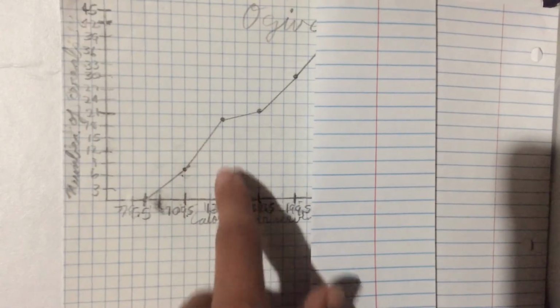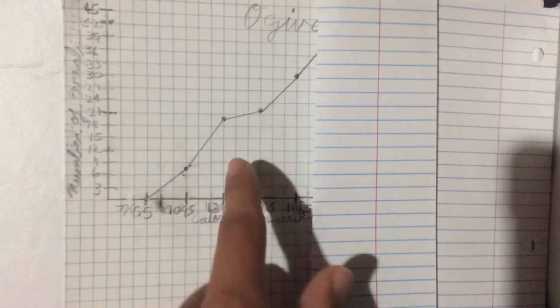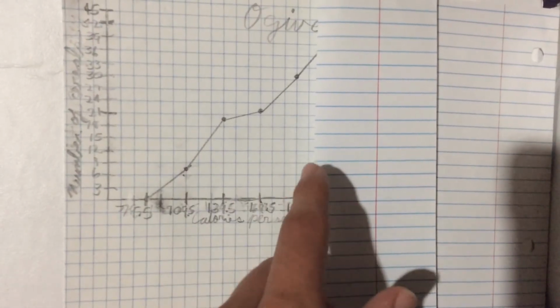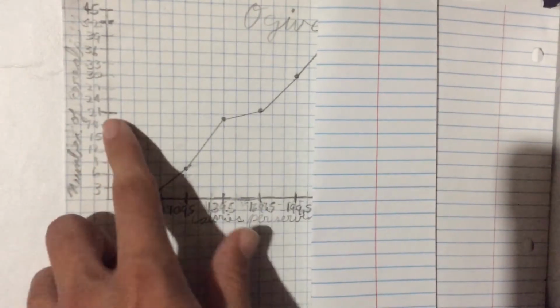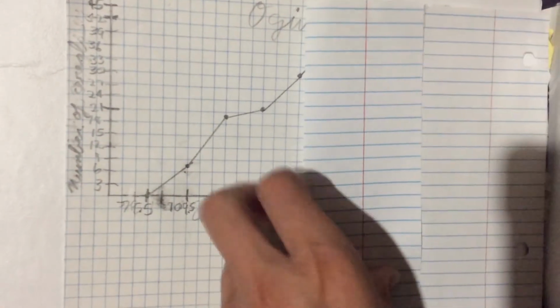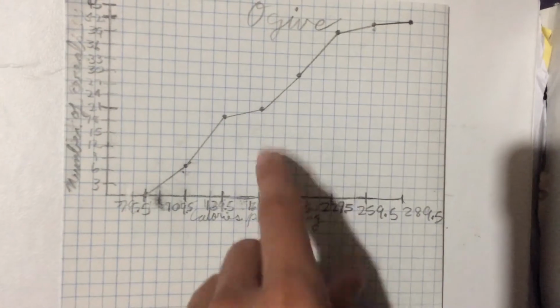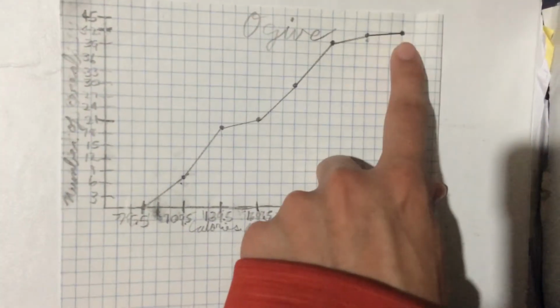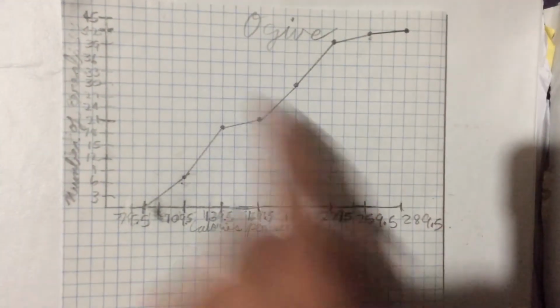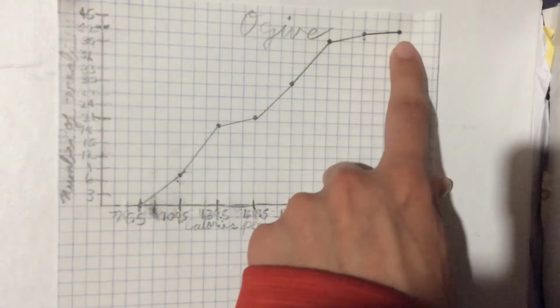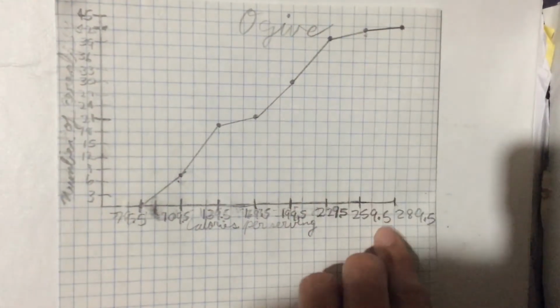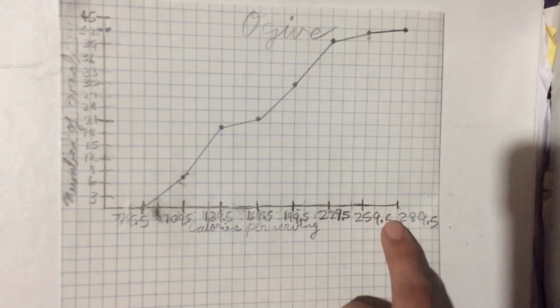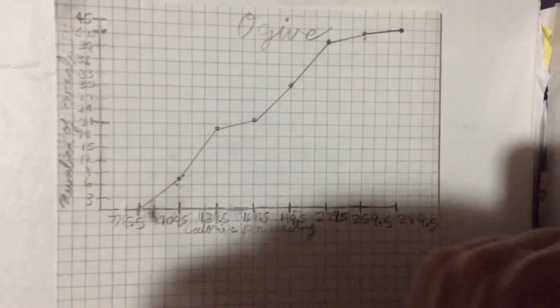It's not that there's that many, it's that it doesn't exceed that many calories. There's 20 of them that don't. So then it just follows that trend the entire way up until we get to the last one, which is 45. So we know that all 45 of the cereals do not exceed 289.5 calories.